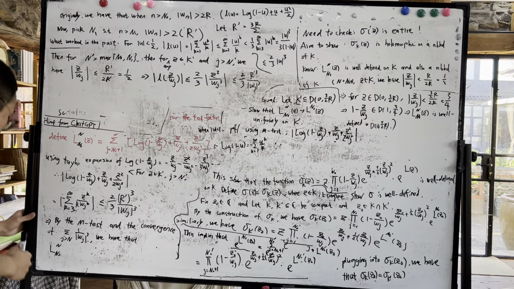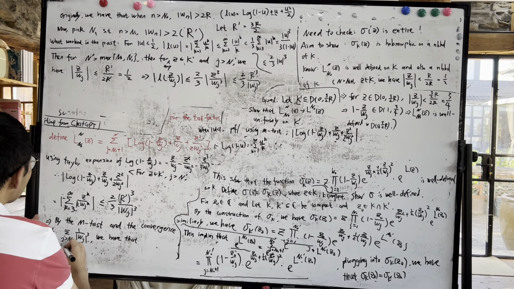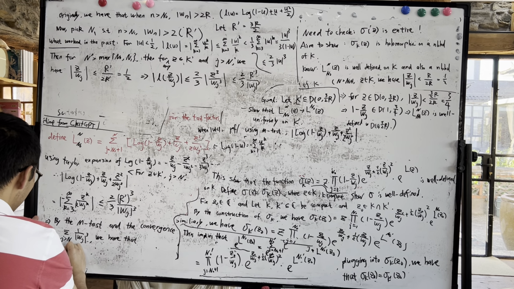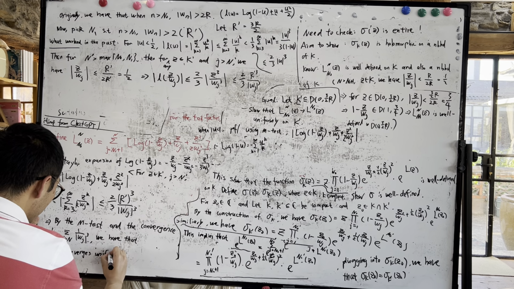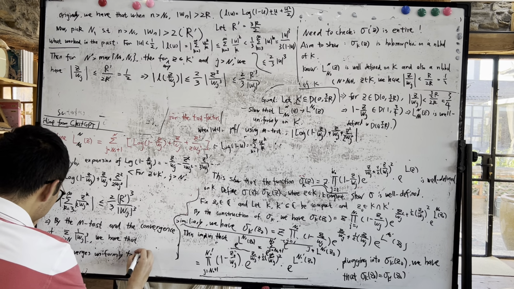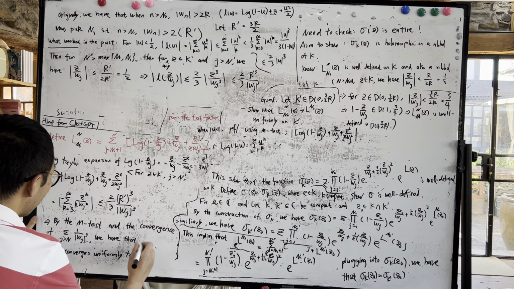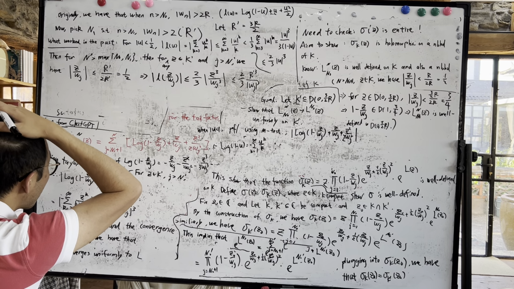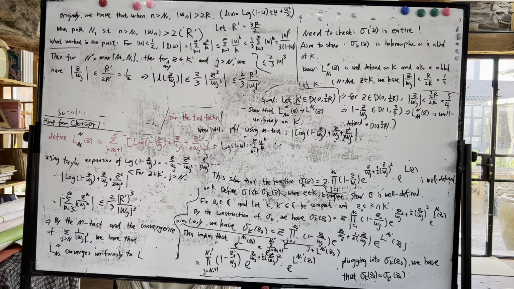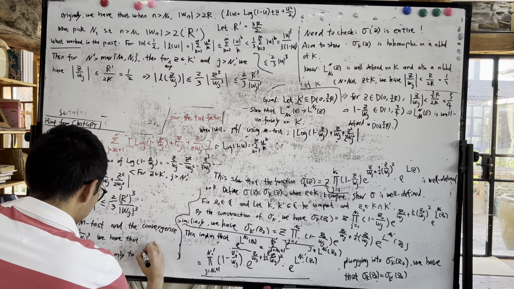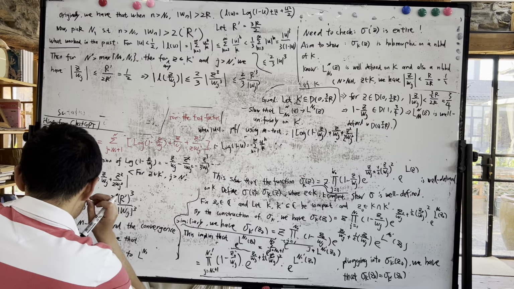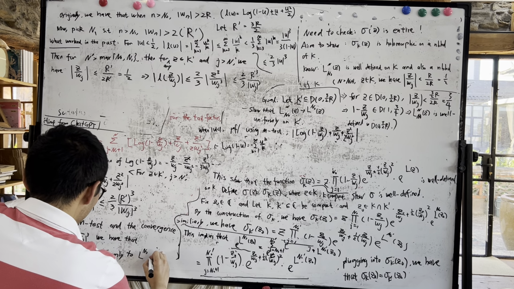So L n prime n converges uniformly to L of n, sorry, L of n naught, on K prime.